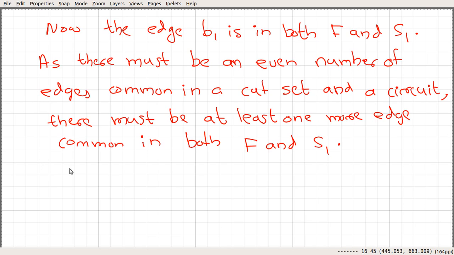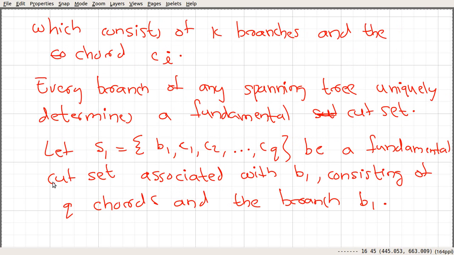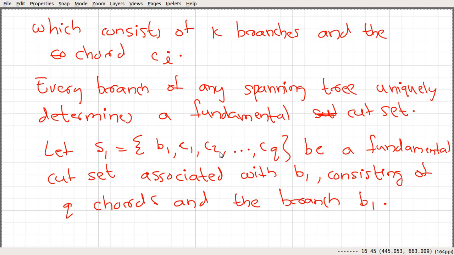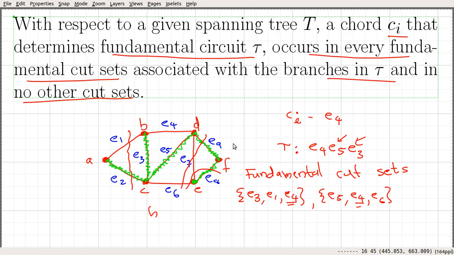Among the remaining edges in F and S1, only a chord can be common in both. So this Ci and one of C1 up to CQ must be equal. That's what I am saying.